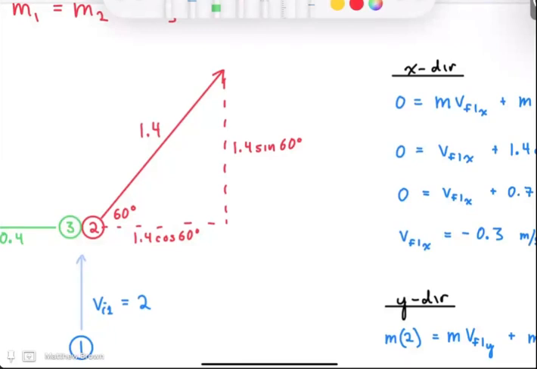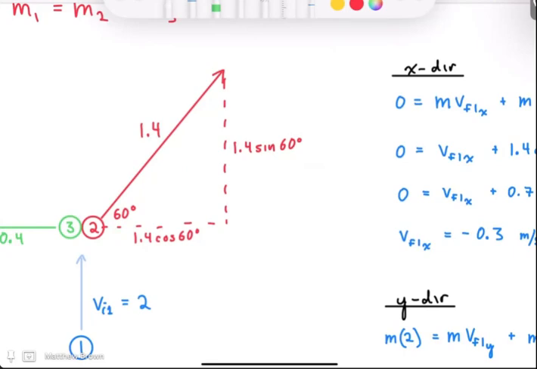If I want this side here, I know the sine of 60 degrees equals that side, let's call it y for now, divided by the hypotenuse of this triangle, 1.4, and then rearrange that, and that's exactly what I have there. So I'm saving a little bit of work and putting those numbers right on there.